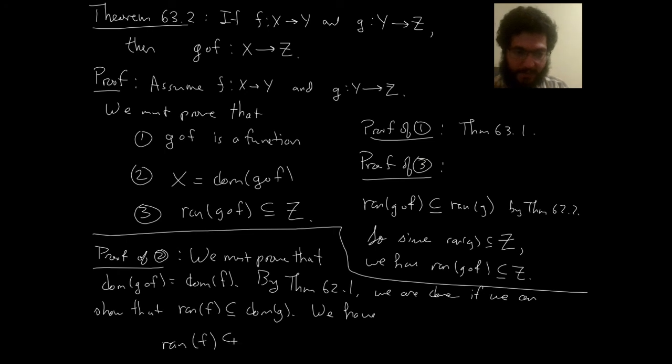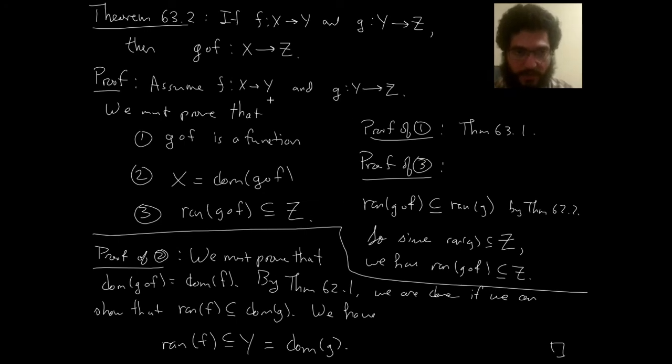The range of f is a subset of y, right? That's because of this mapping statement, or we assumed it here, right? This assumes the range of f is a subset of y, but y equals the domain of G because of our assumption here. And so we're done. The range of f is a subset of the domain of G.